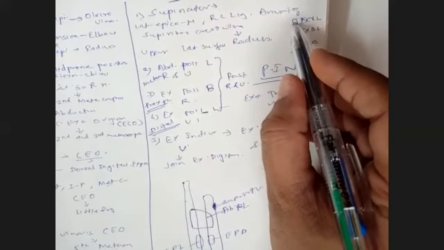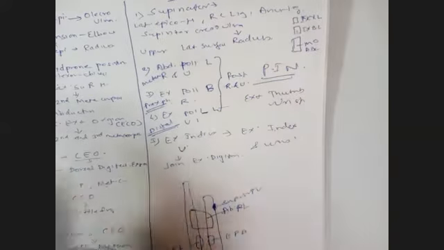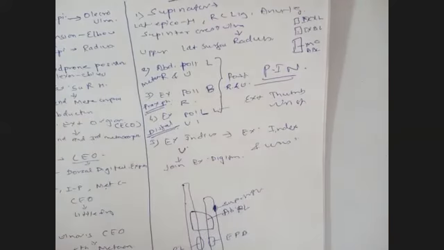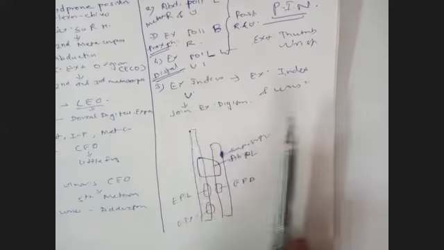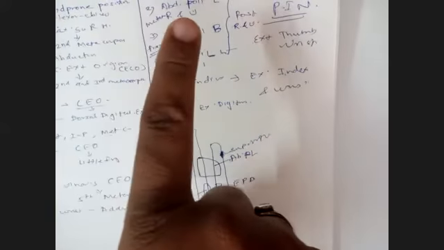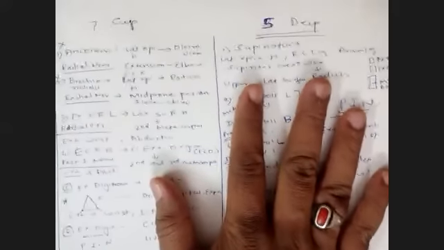And extensor pollicis longus on the distal phalanx. They will cause extension of the wrist and extension of the thumb. Abductor pollicis longus will cause abduction of the thumb. Extensor indicis is for this exclusive action, right? We do this pointing many times. So this is an overview of the muscles of the posterior compartment.